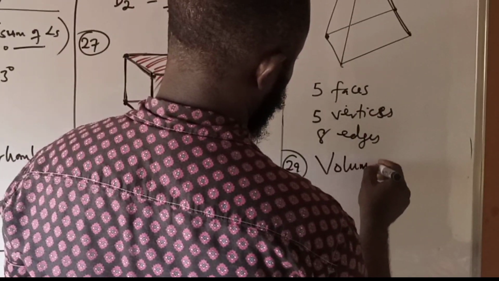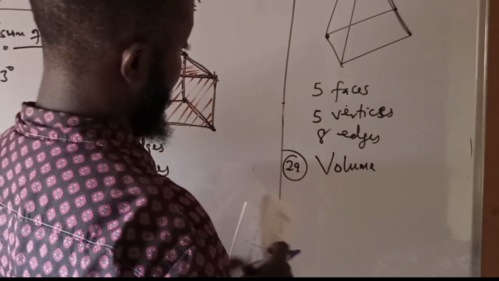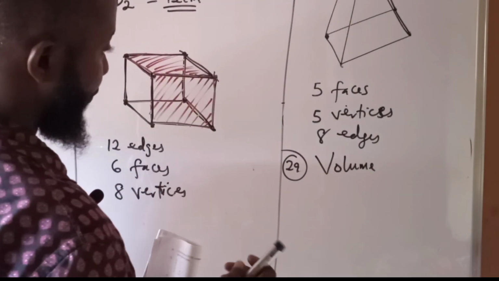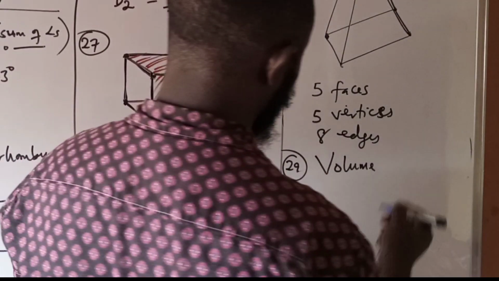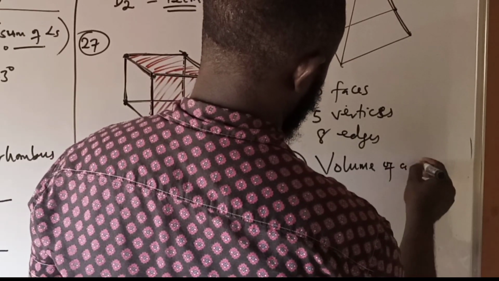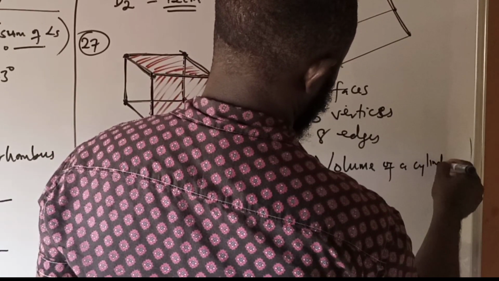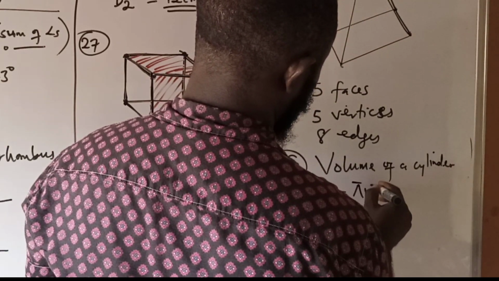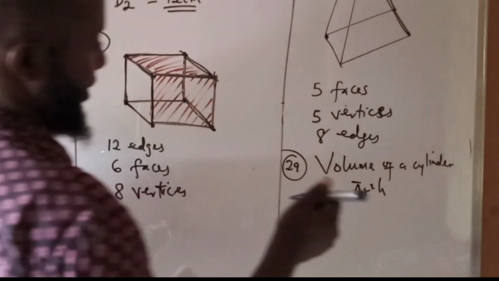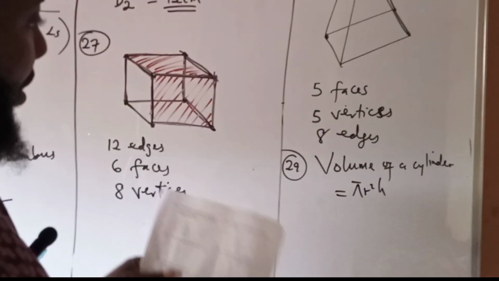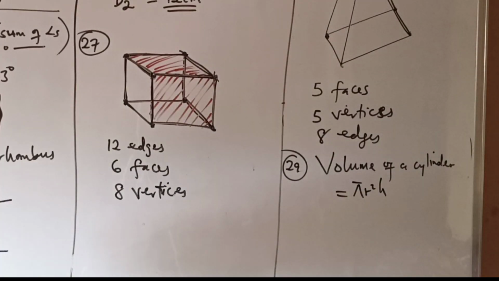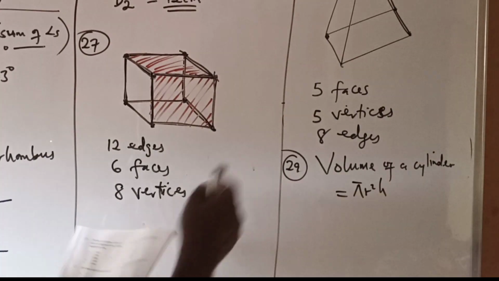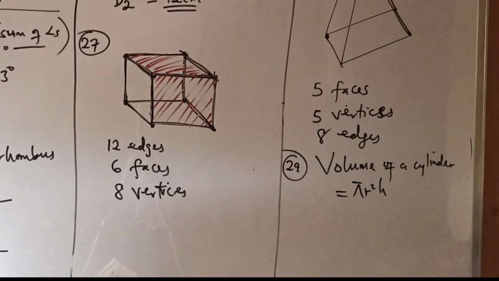And volume of a cylinder, as I've treated in my previous video, you can check this video here to learn more about this, volume of a cylinder is pi r square h. I explained in that video how to calculate the volume of a cylinder, how this formula is being derived. I explained it in detail there.